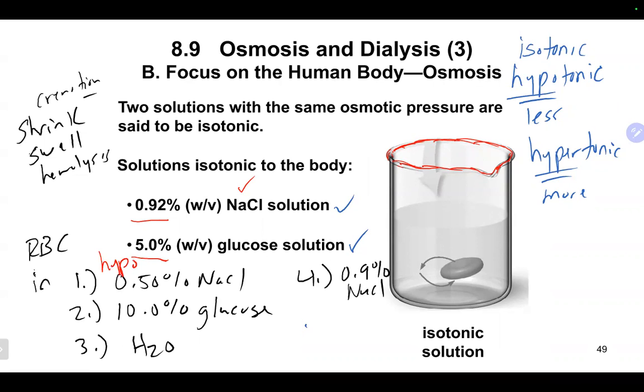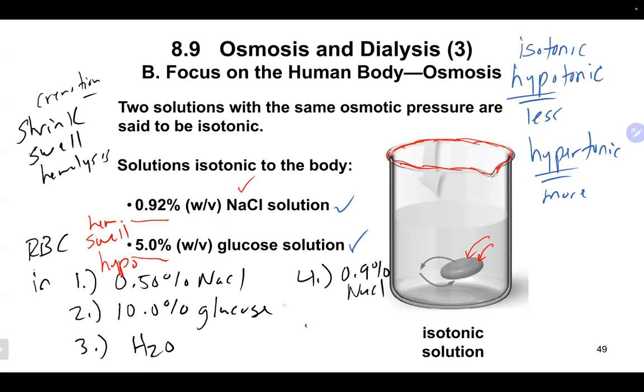Because it's hypotonic, the outside of the cell is less concentrated than the inside of the cell. That means water is going to rush into the cell, causing it to swell and burst, which is hemolysis. Any questions on that one?